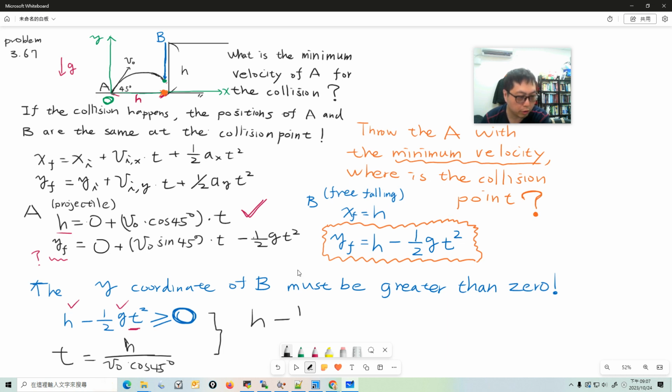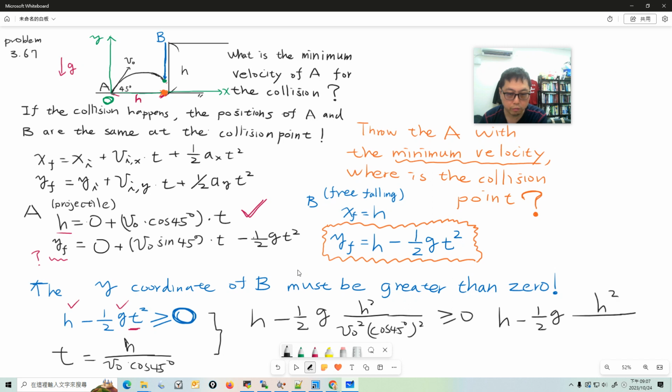So h minus 1 over 2 g t squared is h squared over v naught squared times cosine 45 degrees squared. And cosine 45 degrees squared is just 1 over 2, right? So h minus 1 over 2 g times h squared over v naught squared times 1 over 2 is greater than 0.